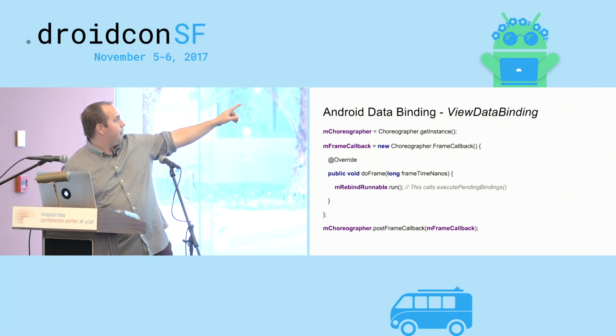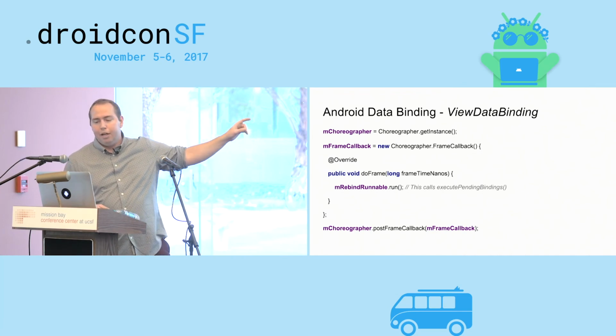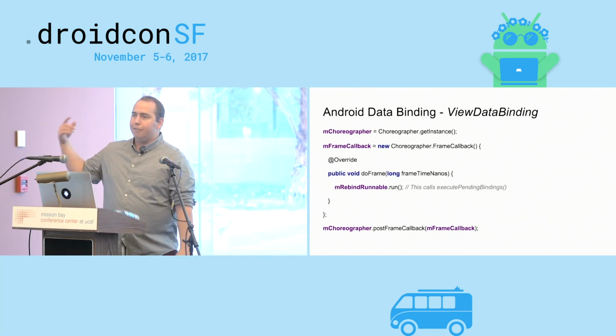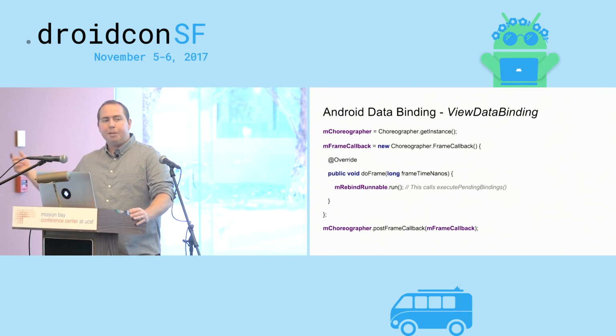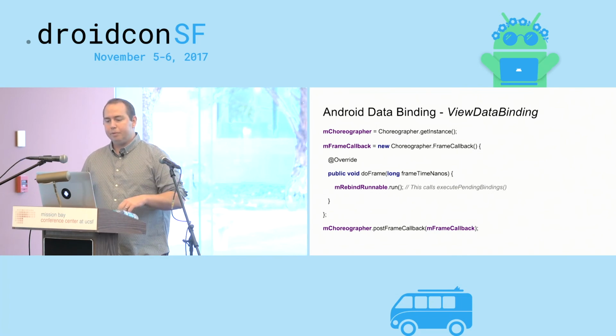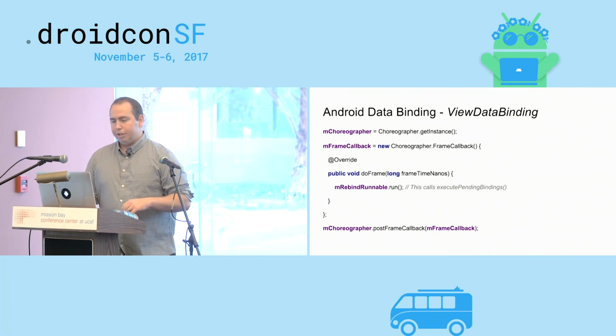It puts a frame callback on Choreographer to actually execute those bindings. So you can queue up all the stuff. You can set all these properties, and those properties aren't actually set on the view until the system's ready to draw, right? It saves tons of work, and it frees you from worrying about how often you should set this variable. It doesn't try to do layouts. It only will do it on every frame, right? Which is really, really useful.